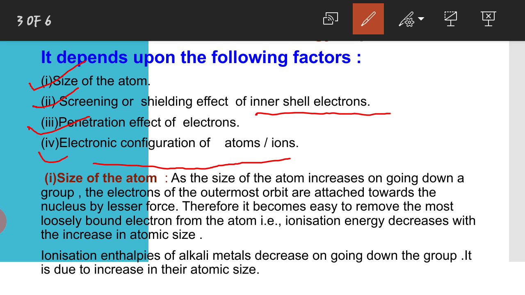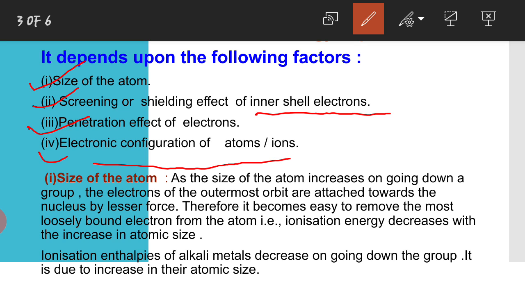Now first, as the size of the atom increases on going down a group, the electrons of the outermost orbit are attracted towards the nucleus by lesser force. Therefore, it becomes easy to remove the most loosely bound electron from the atom.